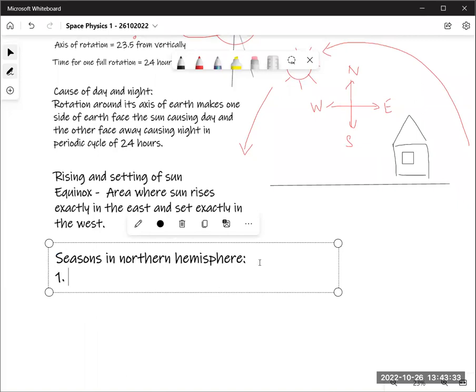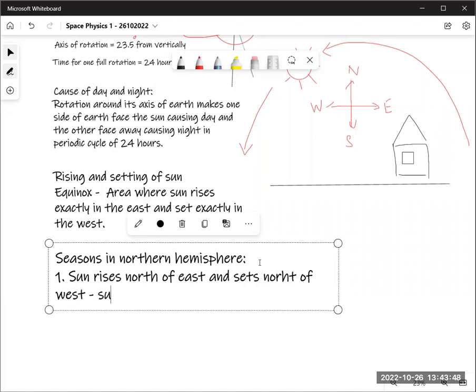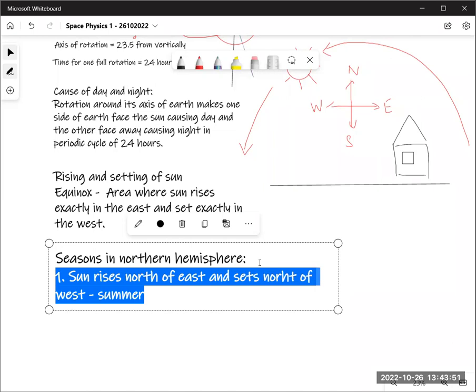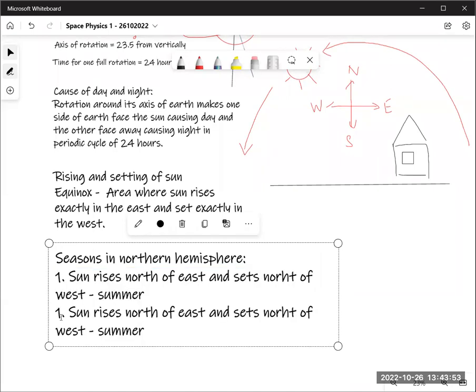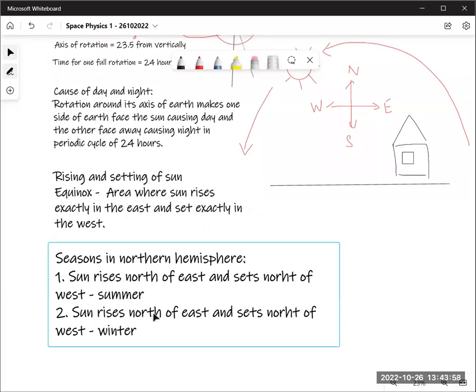First, the sun rises north of east and sets north of west. This is summer. But the opposite happens in winter. The sun rises south of east and sets south of west.